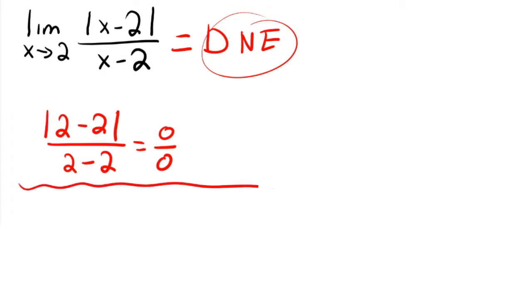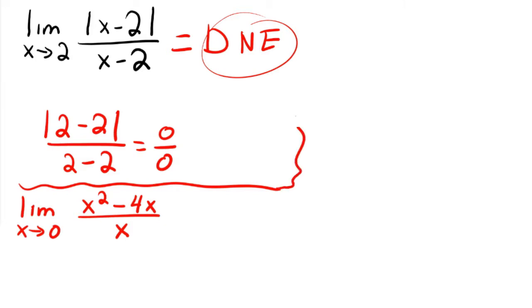Now how about we take a look at another interesting one. How about the limit as x approaches 0 of x squared minus 4x over x. Now if you remember from pre-calculus, this looks like a rational function, right?